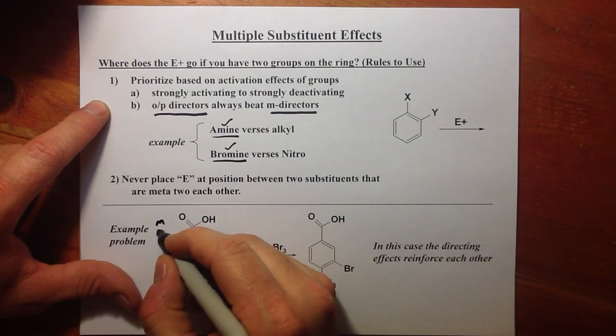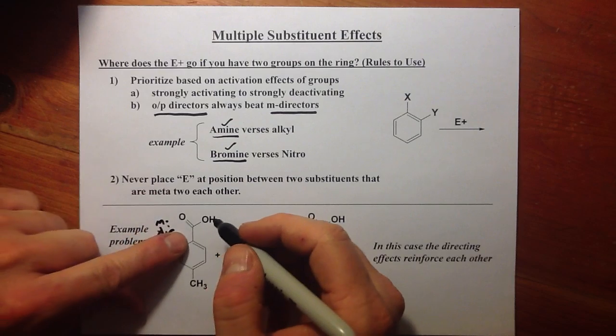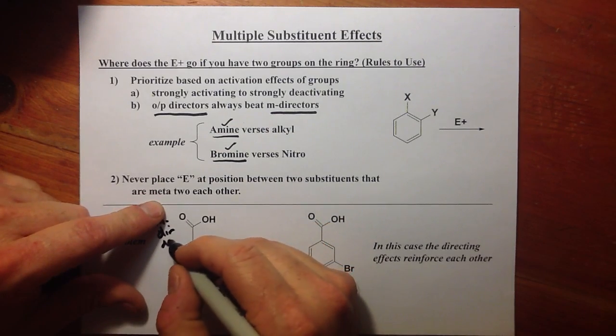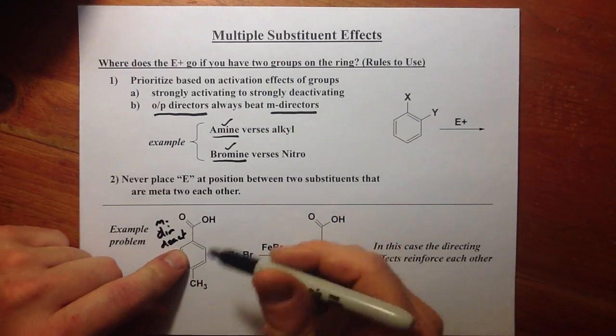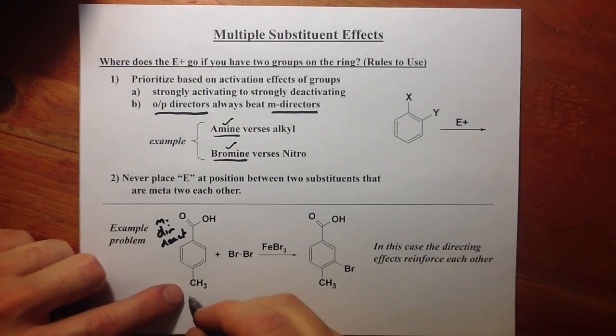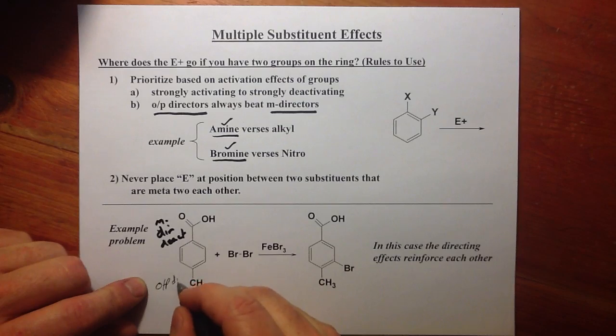So we'll just put meta directing for this group. It's a meta directing deactivator. I'll put DA, it's supposed to be DACT, and I'll maybe switch to a smaller pen here. So a meta directing deactivator, and the alkyl group is just a weak type of ortho-para directing activator.